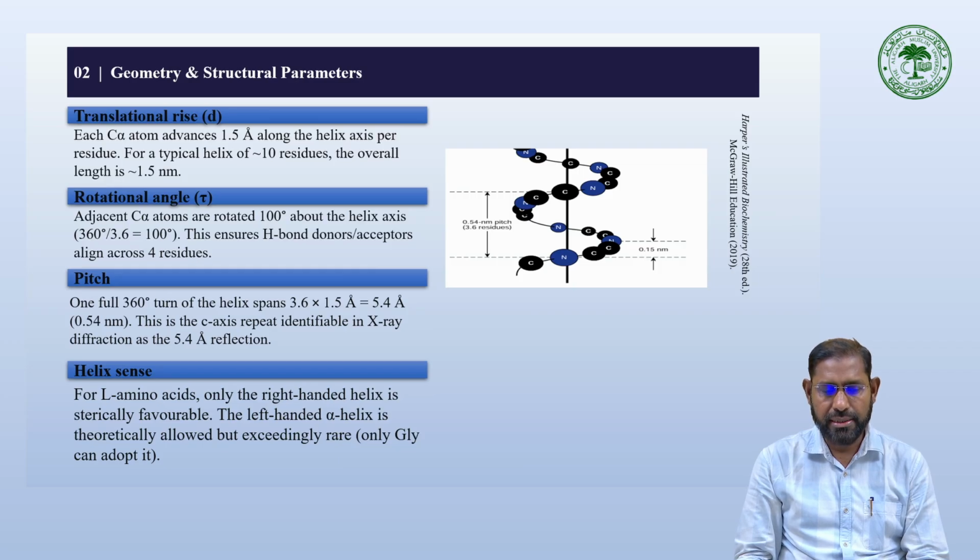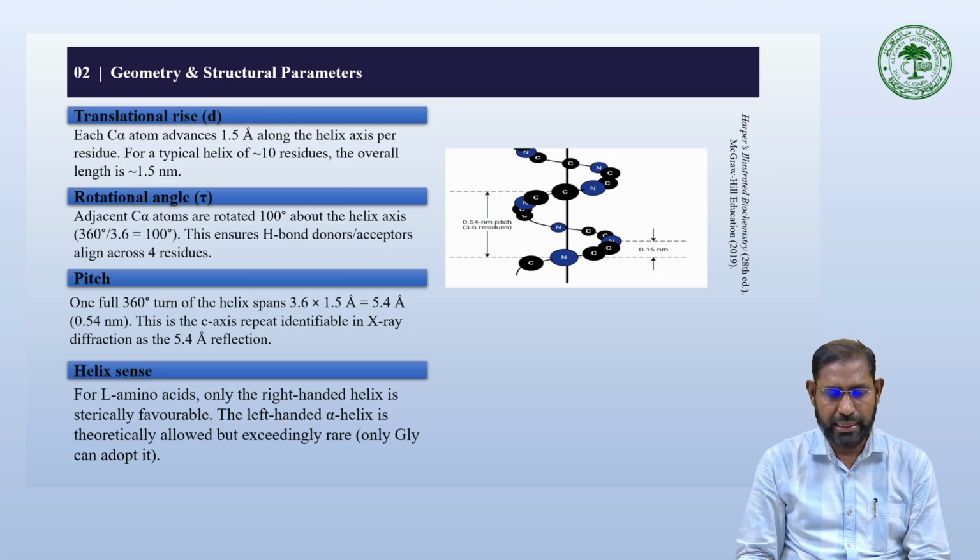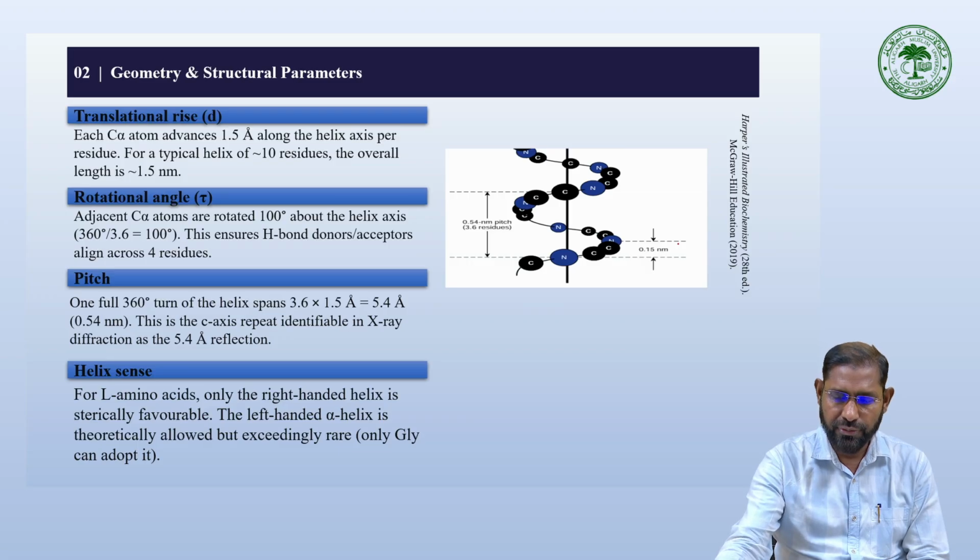Now the translational rise, denoted with d. Each carbon alpha atom advances 1.5 angstrom along the helix axis per residue.